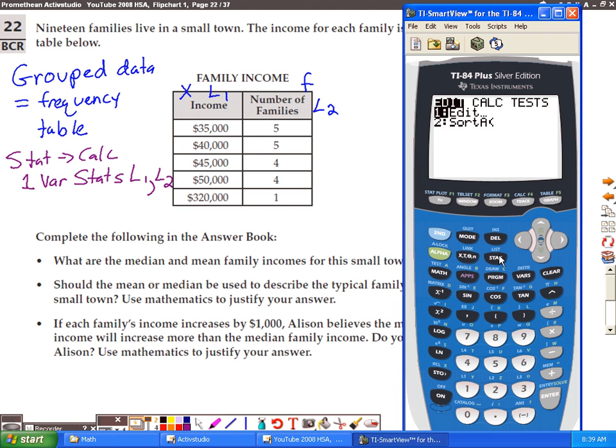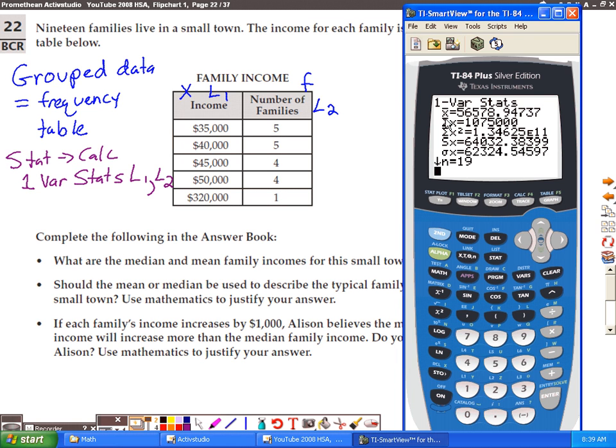So we're going to go to Stat, Calc, and press Enter 1 time. And you can see on the screen it says 1 var stats. Then to get L1, we're going to press second 1, and then the comma is above the 7, second number 2, and that'll pop up L2. Now this tells our calculator that the data we have entered is not raw data, but grouped data. It's not just a list of numbers, it's data in a frequency table. And we're going to press Enter.